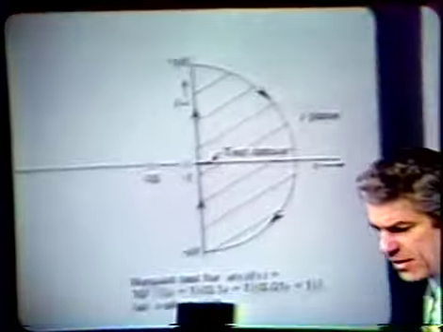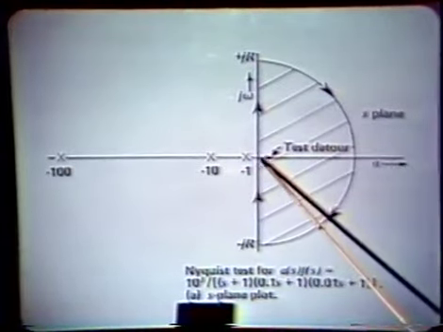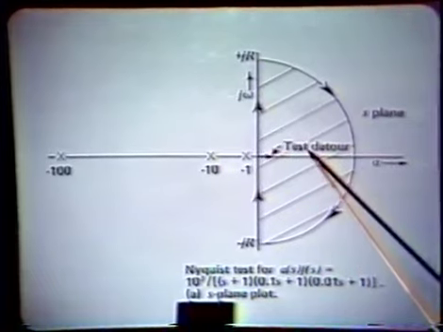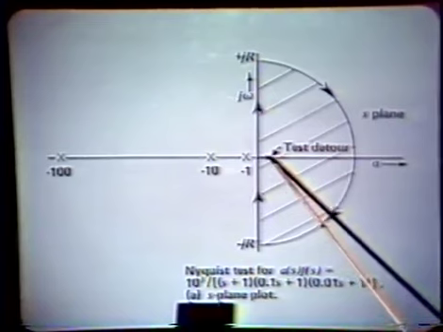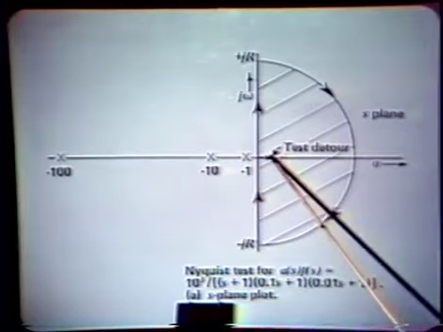But another way to see that, and one that I find physically more appealing, is to take a little test detour. Let's look at a specific point inside this contour in the right half of the S-plane. We can assume we're at this point and then move in this direction a small amount. When we do that, the magnitude must drop since the vectors from the poles all increase in length.